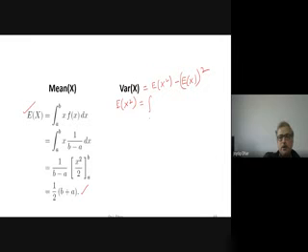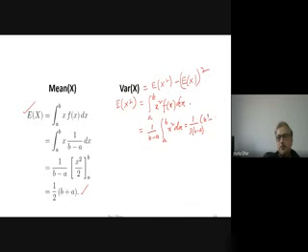So first we calculate the second moment, E[x square], which is the integral from a to b of x square f(x). Here f(x) is 1 by (b minus a), so 1 by (b minus a) comes out, and we integrate x square dx from a to b. This gives 1 by 3 times (b minus a) times (b cube minus a cube).